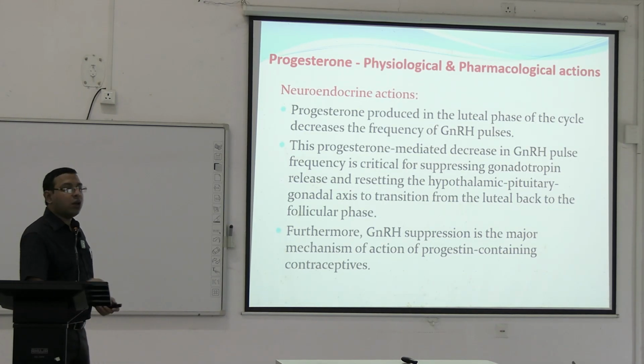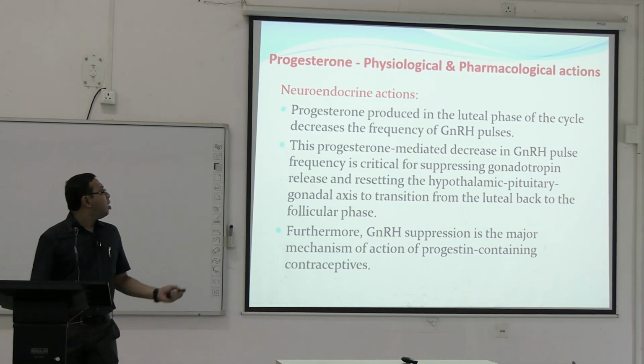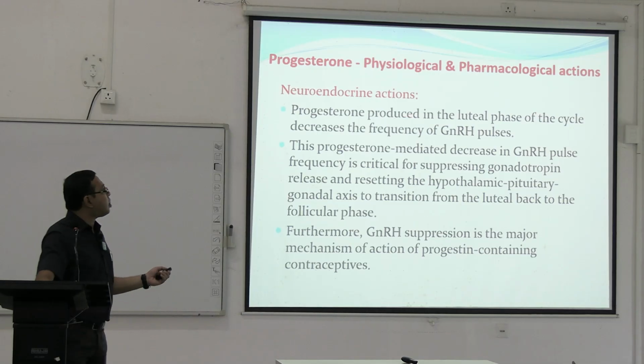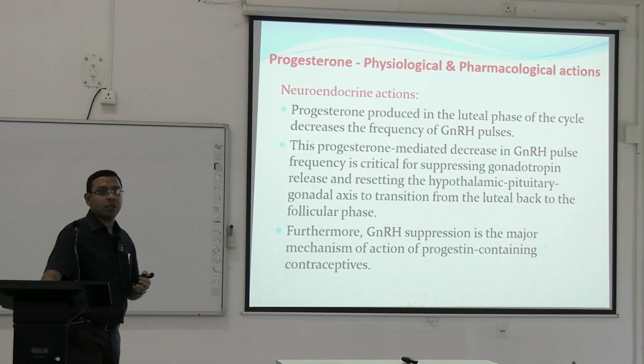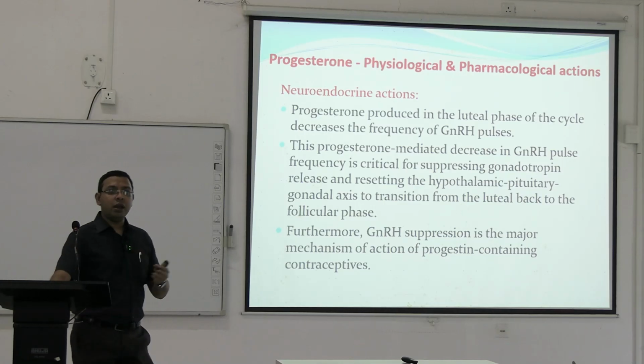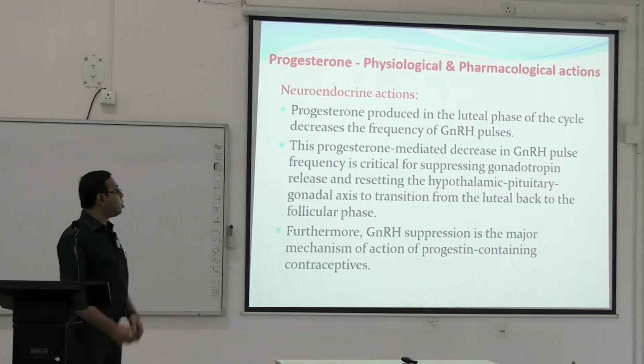So their physiological and pharmacological actions, mainly their actions are neuroendocrine. Progesterone produced in the luteal phase of the cycle decreases the frequency of the gonadotropin releasing hormone pulses. So when the progesterone is released, LH and FSH pulses are decreased according to the feedback mechanism.